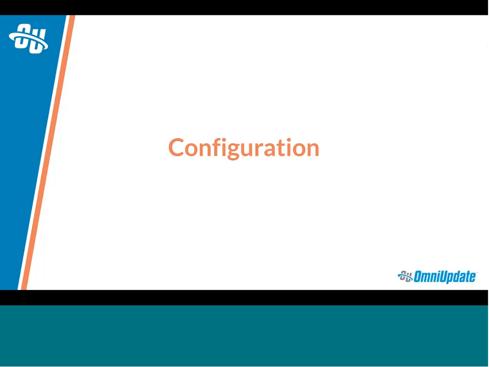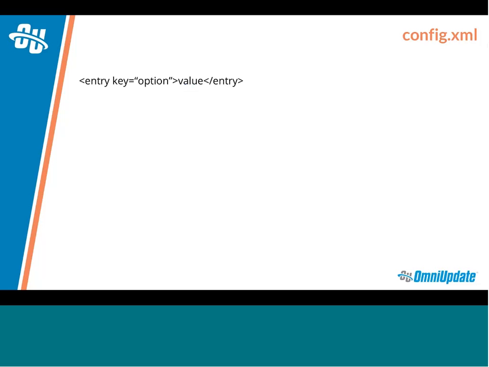Configuration, we're going to go into a little bit more detail about config.xml and what it offers. So the standard XML entry would be something like this, where you enter a key, which is going to be the option, and then the value.